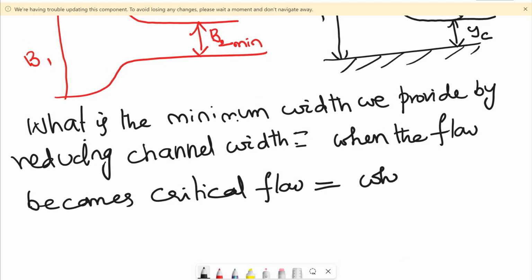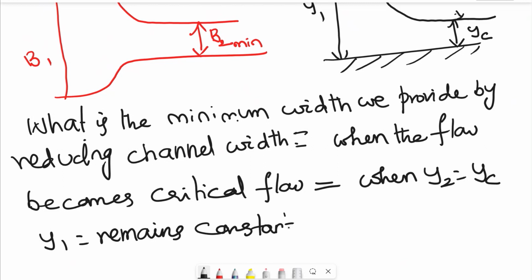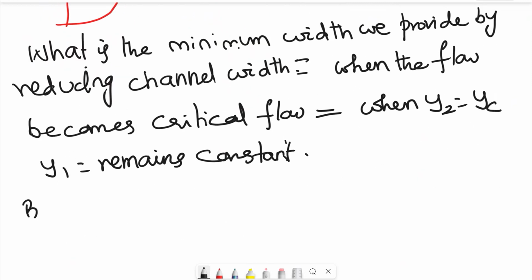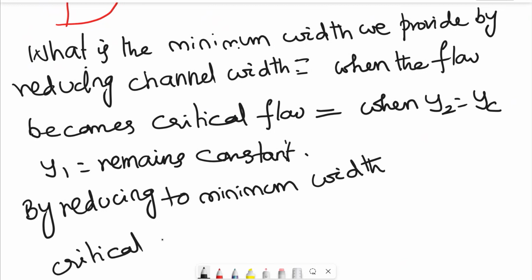When Y2 becomes YC, Y1 remains constant. So now, by reducing to the minimum width, critical flow conditions are created.